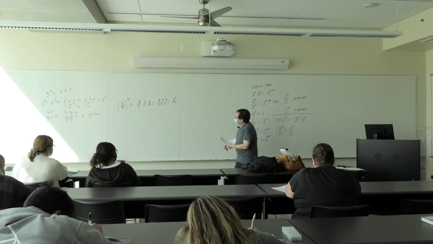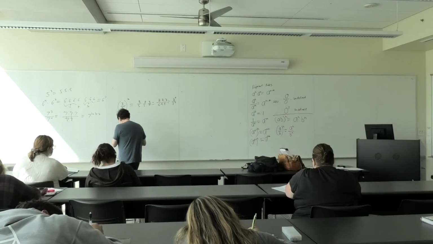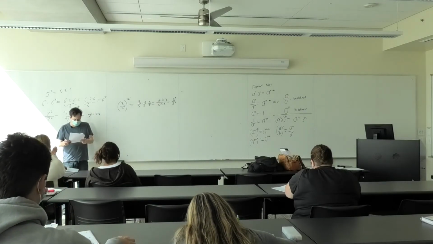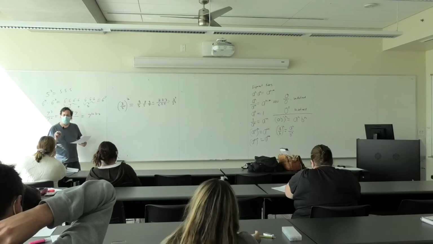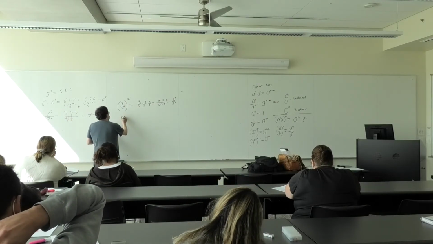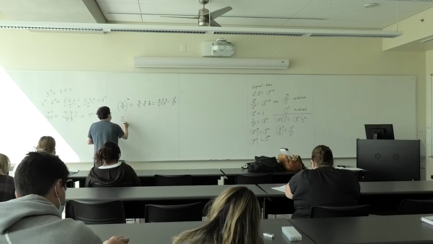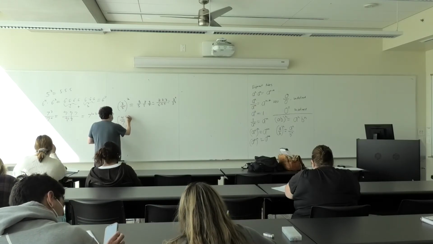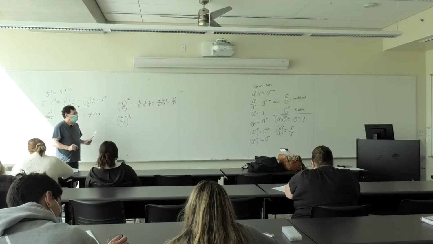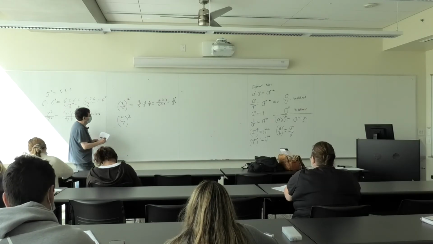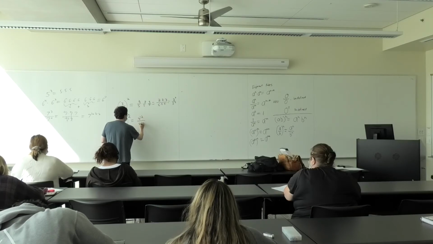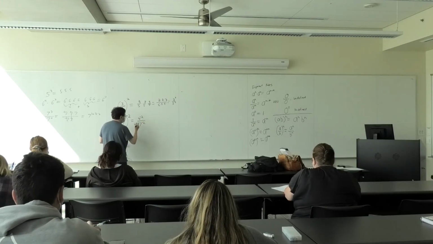Now we're getting a little tricky here. Say I have 4/7 to the minus 2. I can distribute that just the way I said: 4 to the minus 2 over 7 to the minus 2.